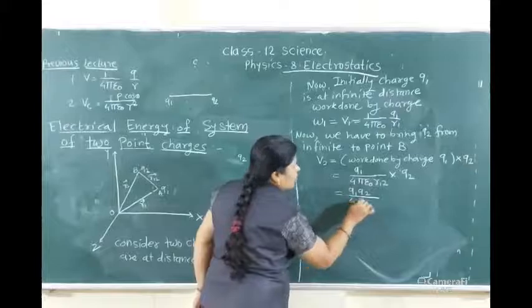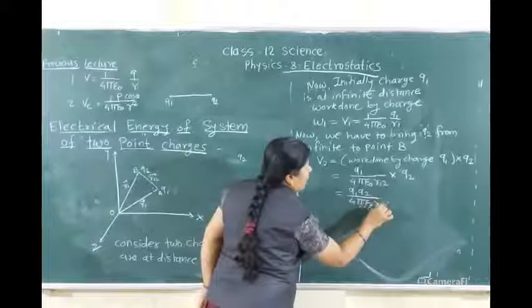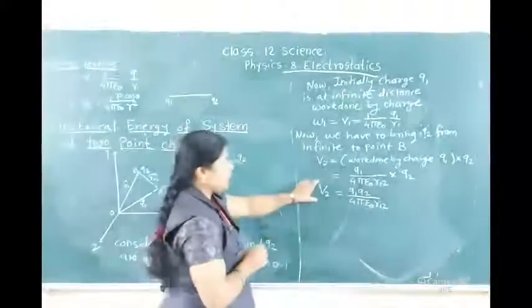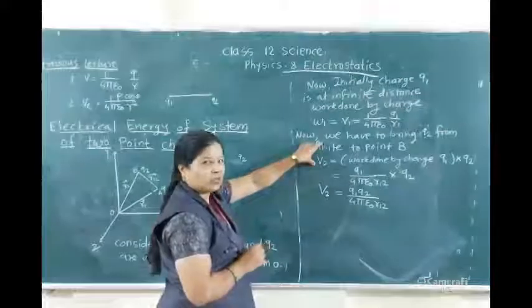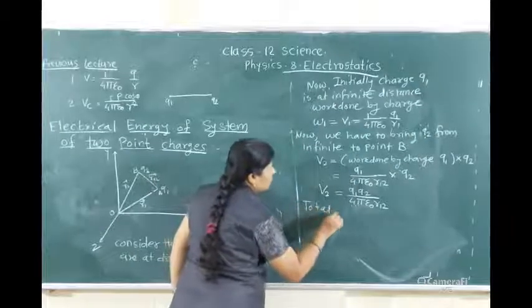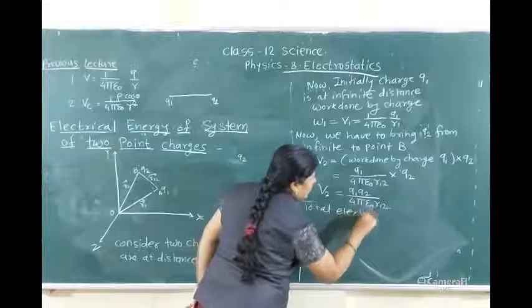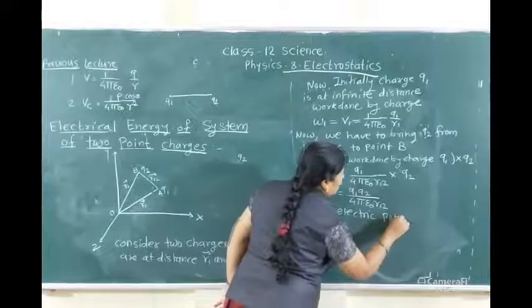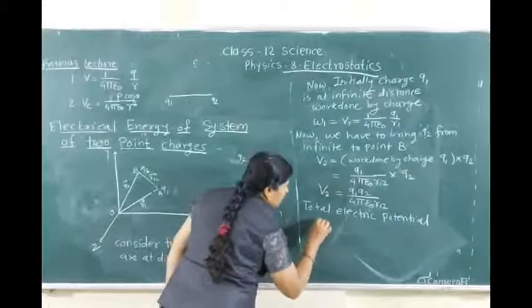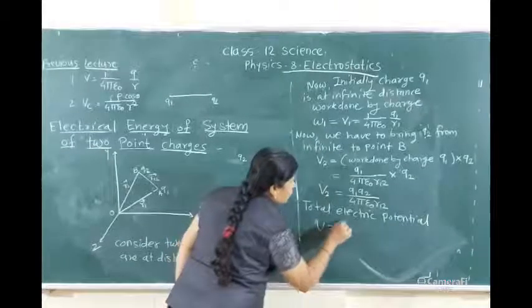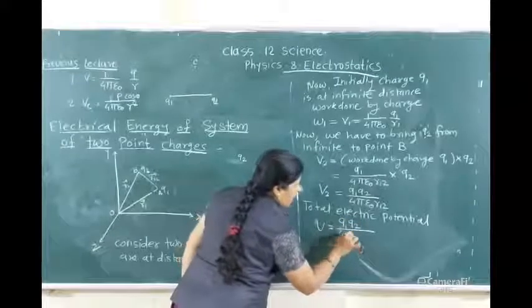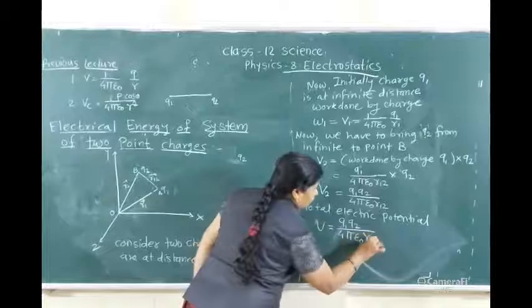The total electric potential of this system is U equal to Q1 Q2 divided by 4 pi epsilon 0 R12. We know that electrostatic potential gives the electrostatic potential energy. U is equal to Q1 Q2 divided by 4 pi epsilon 0 R12.